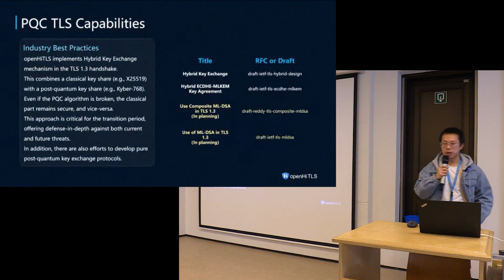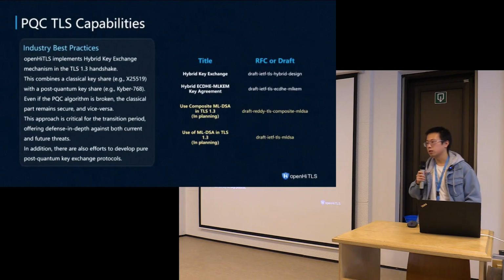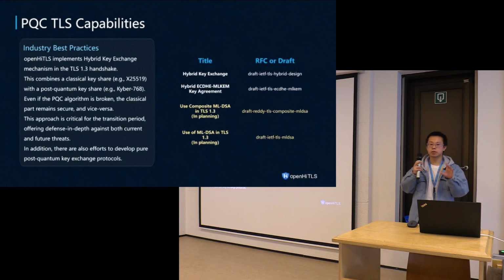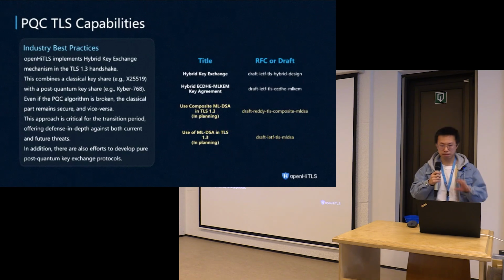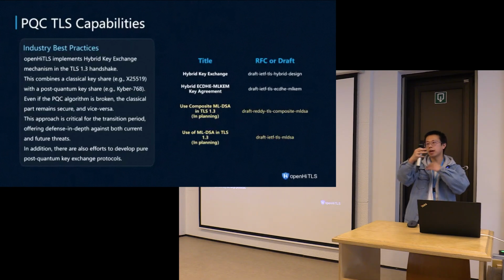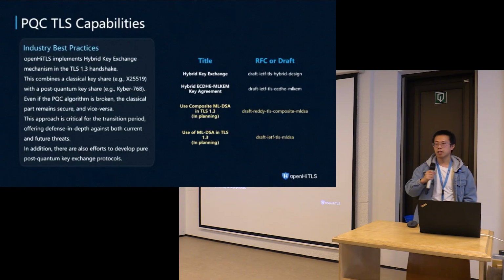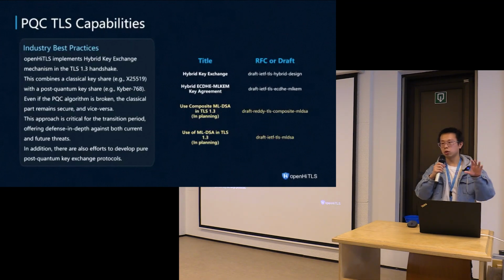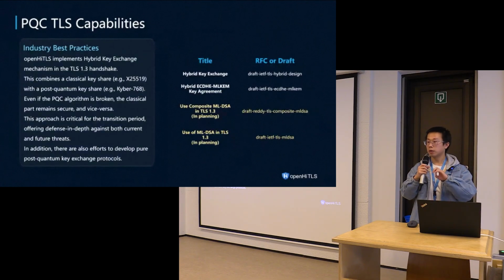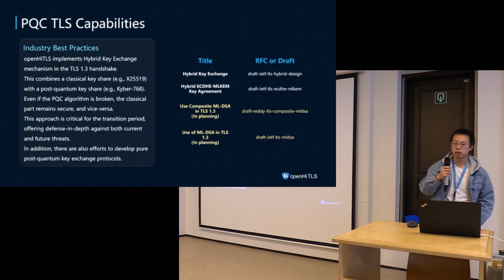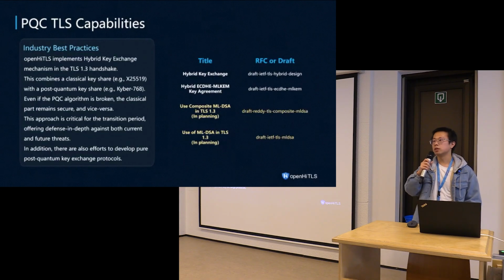For TLS capabilities, OpenHiTLS also provides a hybrid solution that combines classic crypto algorithms and PQC algorithms into one protocol, so there are two crypto protections at the same time. Even if one algorithm is broken, the other one can still provide security.